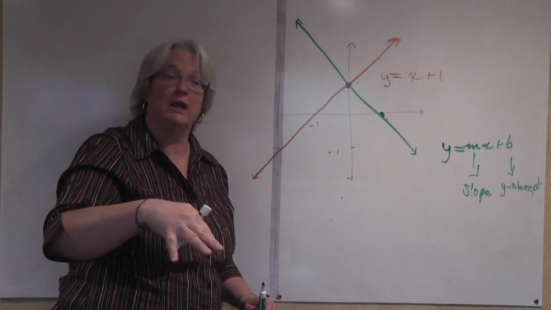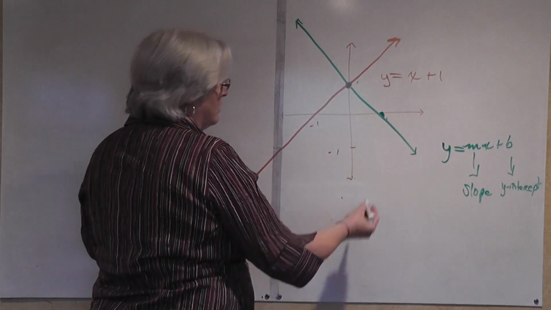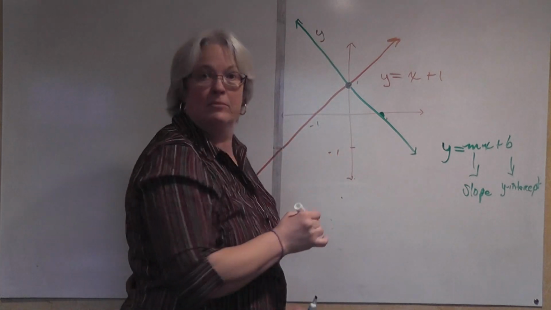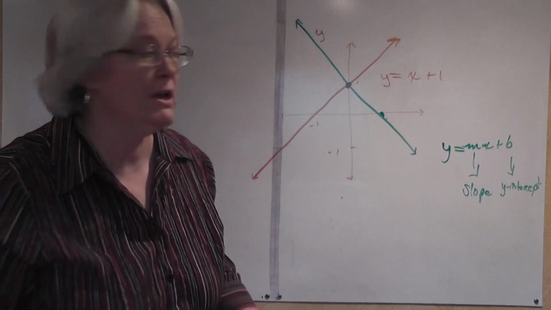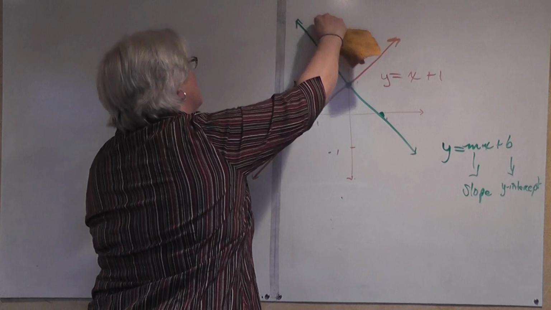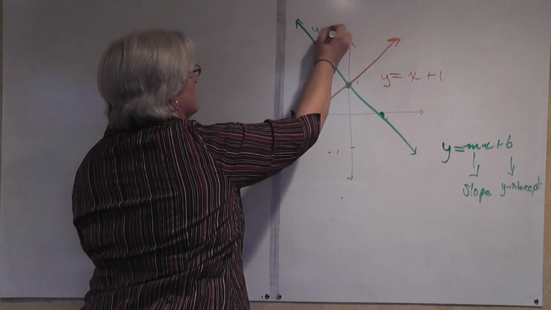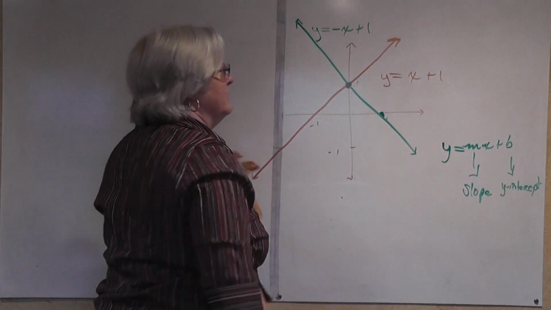That lets you know it's a negative slope. We have a -1 divided by a +1. The equation of this line here, can you see that? Yes, you can, and I should use the green marker. The equation of this line is y is equal to -x plus 1.